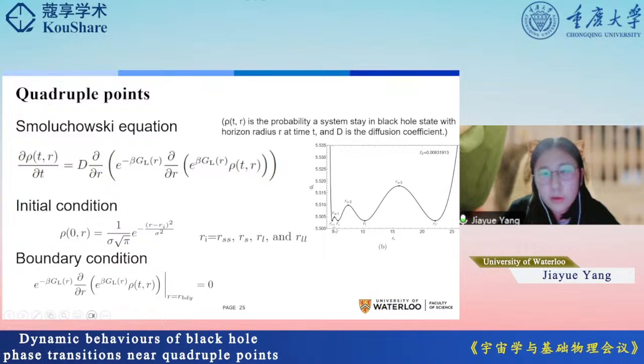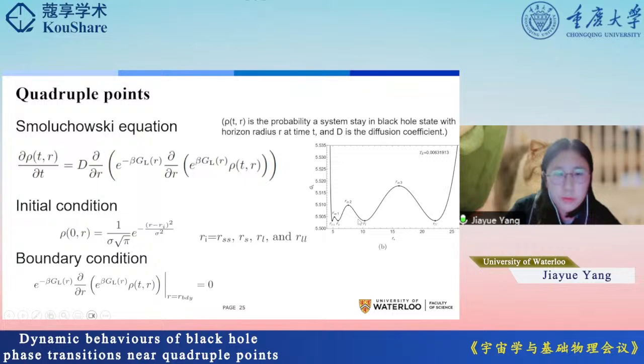So we assume that our initial state is peaked at a stable phase, and it's a Gaussian wave packet. The initial state is some Gaussian wave packet and has the expression here. This is the Gaussian wave packet. And also for the boundary conditions, we work in the asymptotic AdS case.